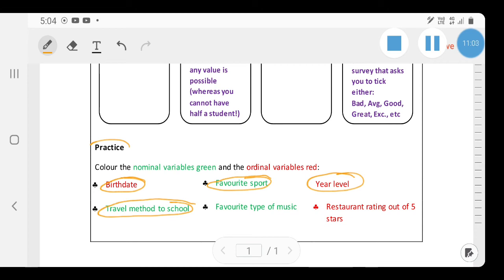Favourite type of music, exactly the same thing. And this is an interesting one. Restaurant rating out of 5 stars. So the options would be 1 star, 2 stars, 3 stars, 4 stars, 5 stars. That's obviously ordinal, isn't it? Because 1 star is worse than 2 stars, which is worse than 3 stars, and so on.